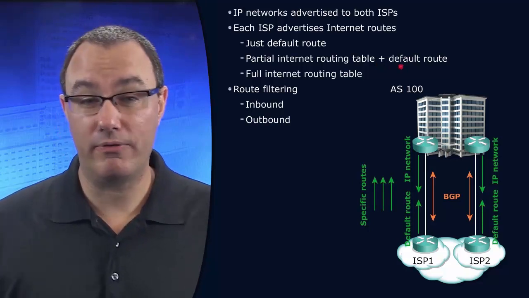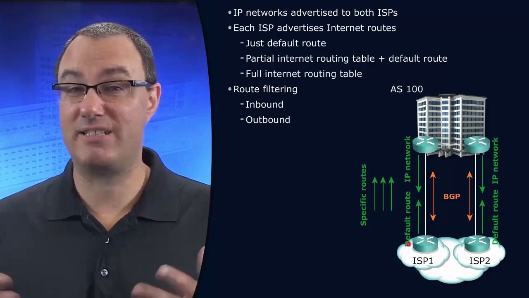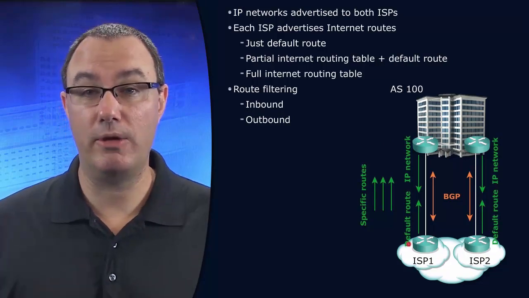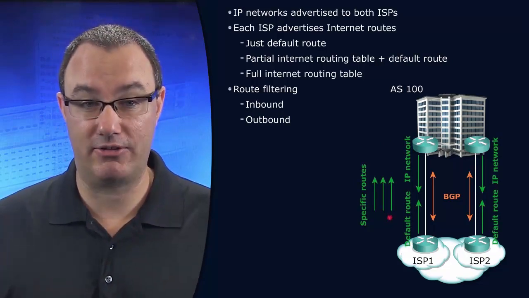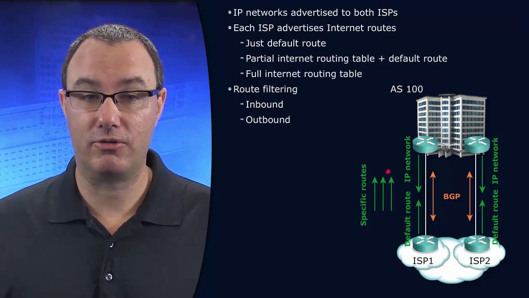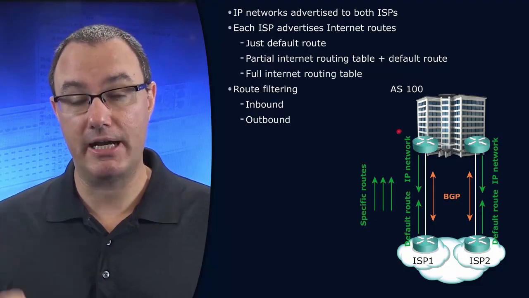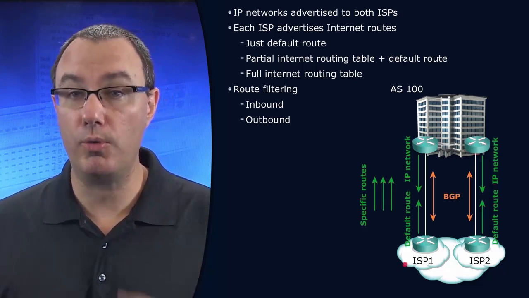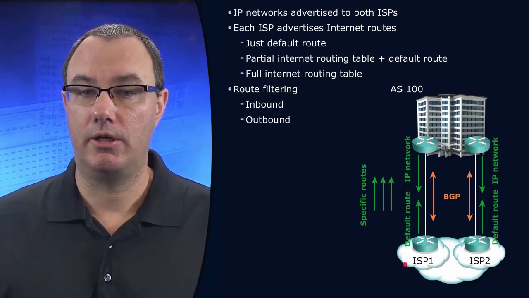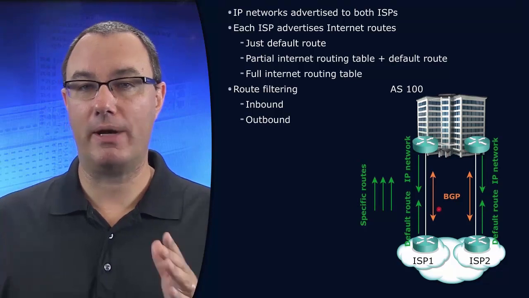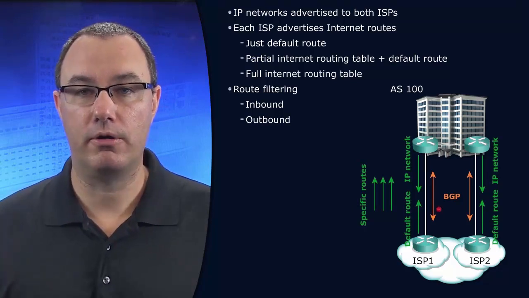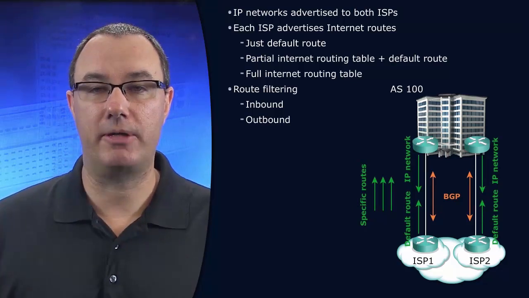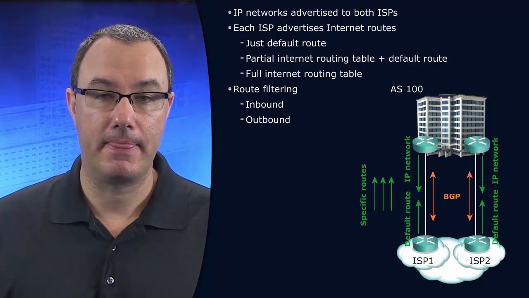So one of our ISPs might have, let's say, 10,000 routes that we want to be advertised in. So they advertise their specific routes. And now to reach those routes that are specific to ISP1, we'll go through ISP1. And then we'll use default routing for the remaining subnets that may live on the internet.